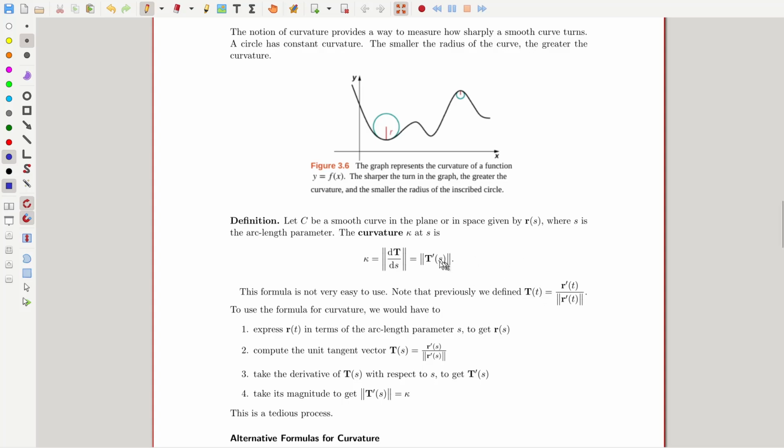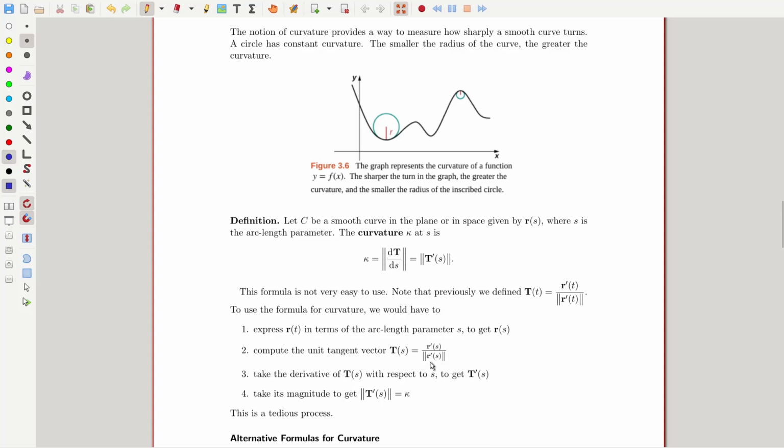So in order to construct this expression, what you would have to do is actually start by reparameterizing your r of t. You'd have to create the arc length parameterization, r of s, then you'd have to compute T of s, which requires that you take derivatives of this function with respect to s, which I'm still denoting by a prime because it should be clear that this derivative is with respect to s, not t, since our function is with respect to s.